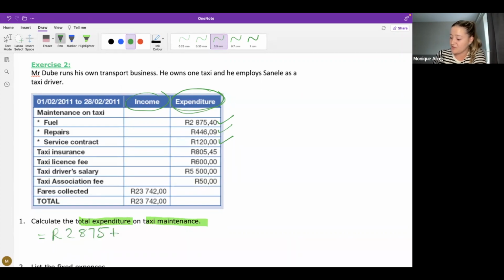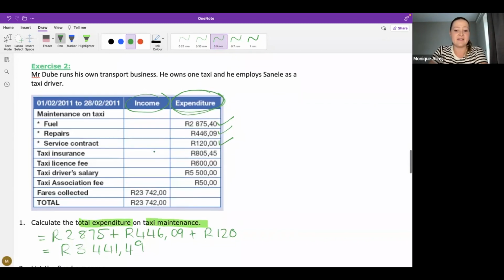I know I stress this all the time, but it is very important. Okay, and those are your 3 amounts, and you get a total, which you all did get, of 3,441.49 cents. Okay, looks like everyone was happy and confident with that.